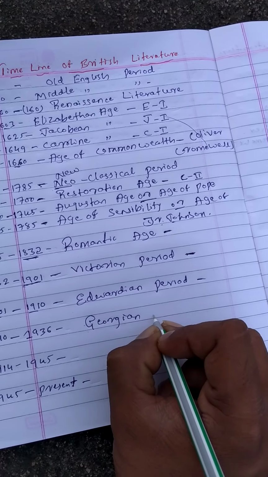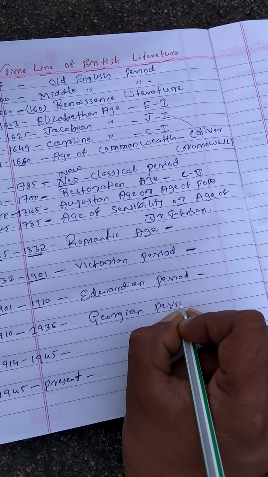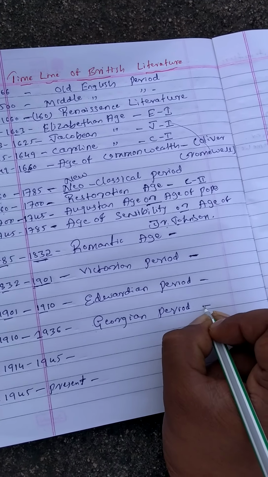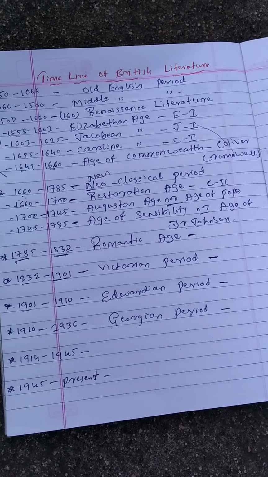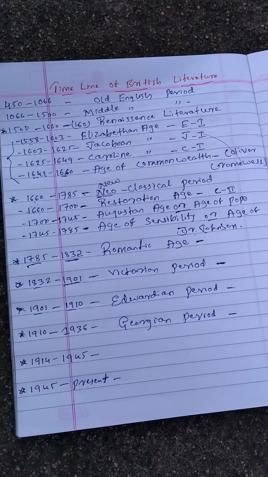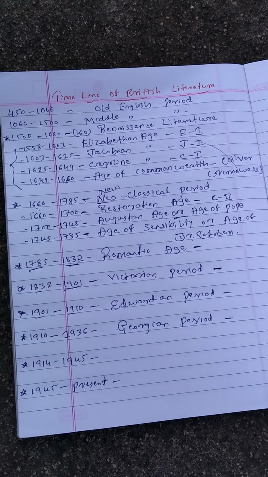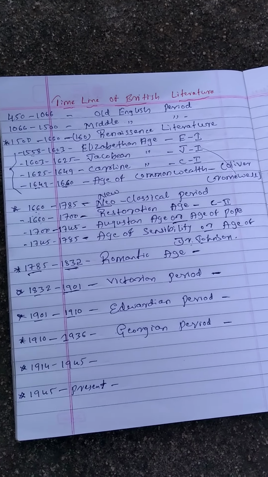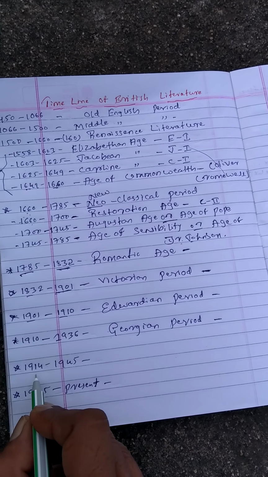This is very important. In the Georgian period, many Georges, George I, II, III and so on, emerge.